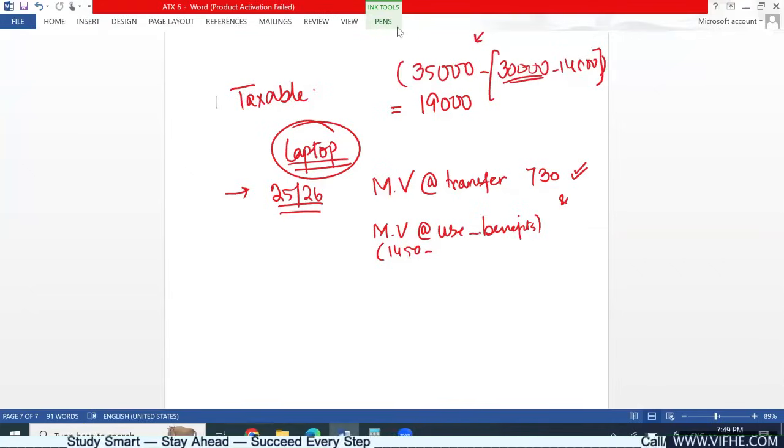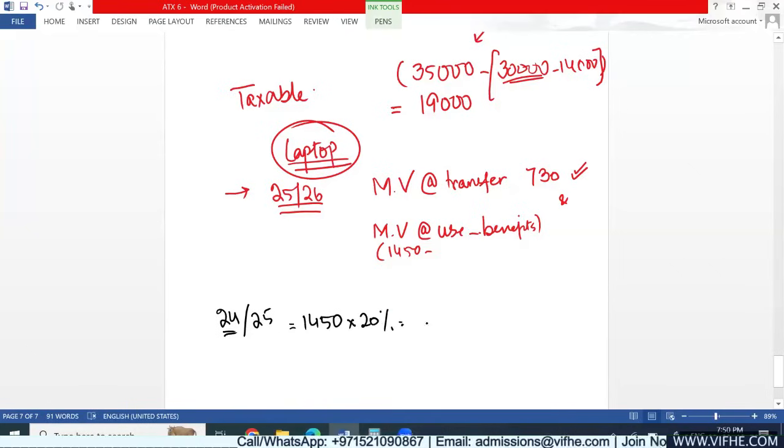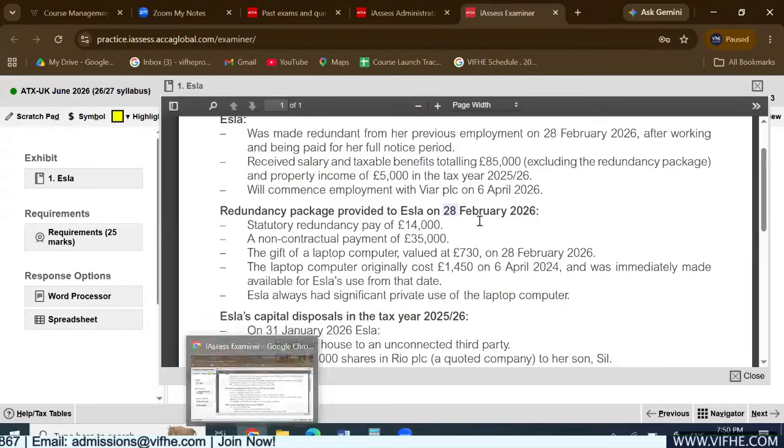She was granted the use of the asset right at the start of the tax year 24-25. The cost of the asset was 1450. 20% of that is equivalent to 290 pounds. And then in the tax year 25-26, she used the asset till 28th of February 26.